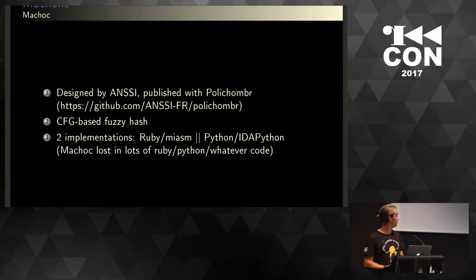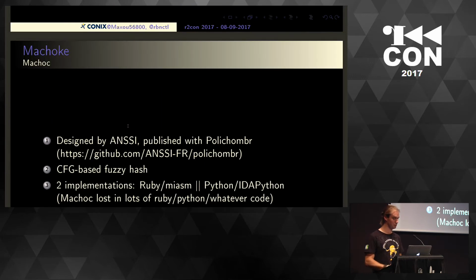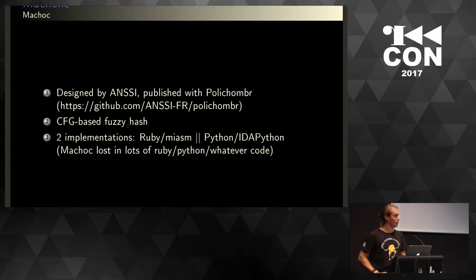We did find another implementation of CFG-based fuzzy hashing inside a project named Polychambre from ANSSI. It is published on GitHub, and you can find it very easily. Inside Polychambre there are two implementations of an algorithm named machoke.